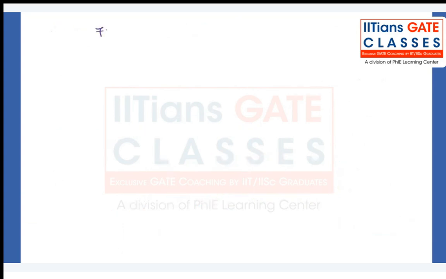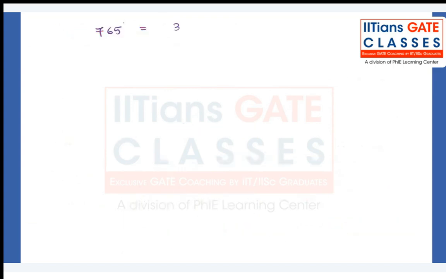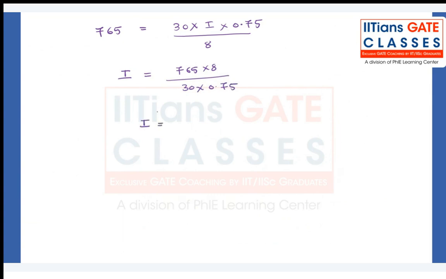Now 765 is equal to V, 30 volts, 30 only now, 30 volts into I into heat transfer efficiency 0.75, divided by 8. Now from here I can get I is equal to 765 into 8 divided by 30 into 0.75.